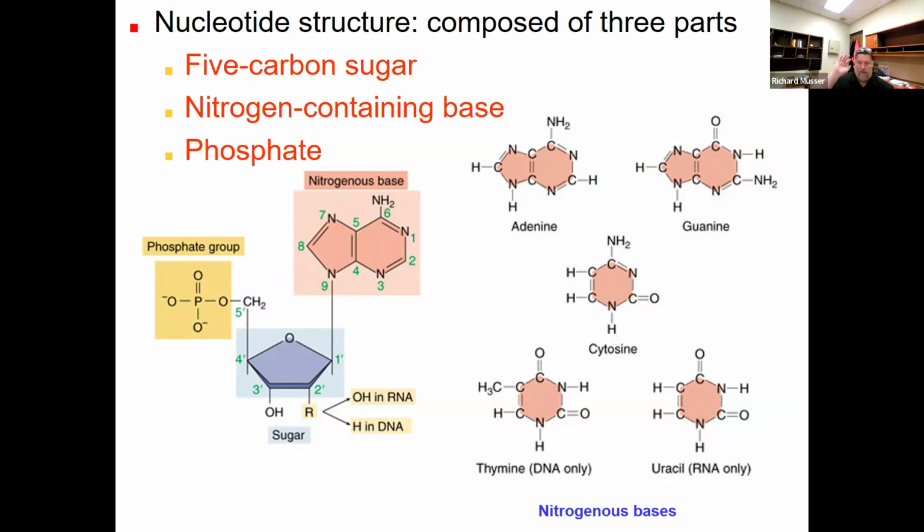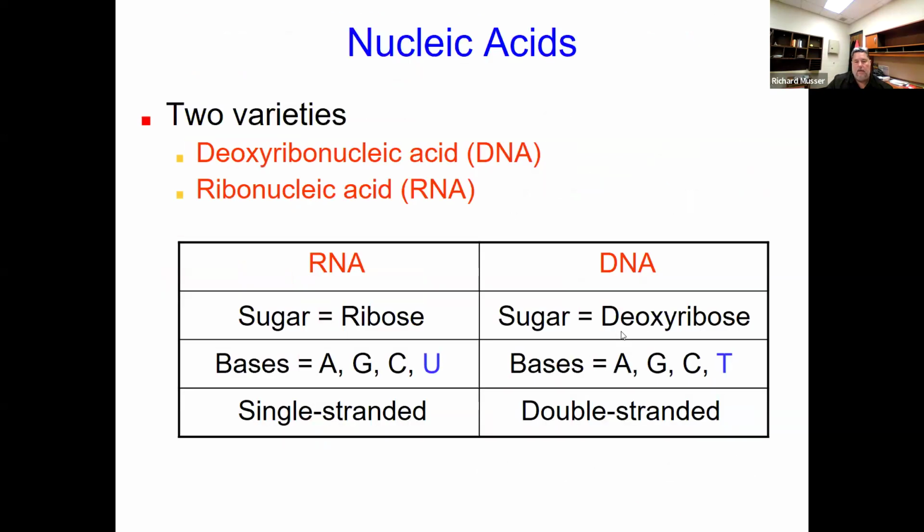So again, nucleotides are made of a 5-carbon sugar called ribose. So it is deoxy, some of it isn't. If it's RNA, it isn't. If it's DNA, it is. There's a phosphate group, and then there's one of these nitrogen bases: adenine, guanine, cytosine, or thymine for DNA, and adenine, guanine, cytosine, and uracil for RNA.